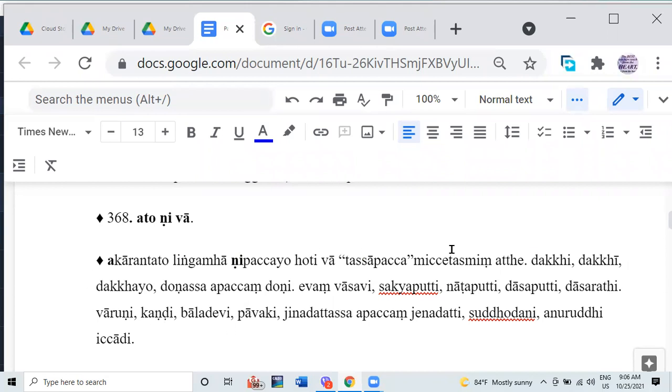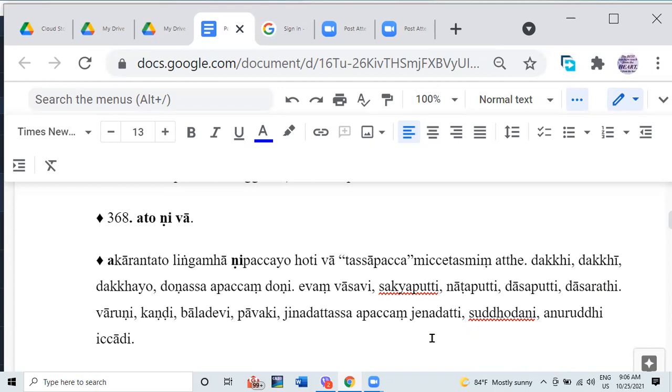Sayadaw, which word? Daki, Dakayo. Which word do we need to decline? I think that is feminine. Dakayo, yes. But according to you, which feminine word? Can you tell me?